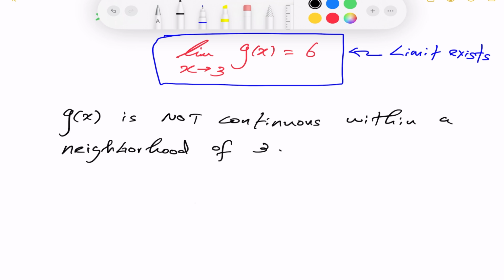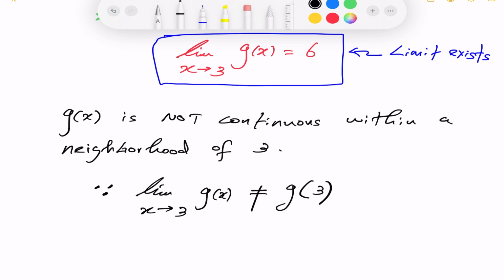So we can write the reason because of this symbol, three dots written like that, which is called "because of," or in other words, "the reason is." So the reason is that the limit as x approaches 3 of g of x is not equal to the value of the function g evaluated at 3. Now, here's a quick comment.